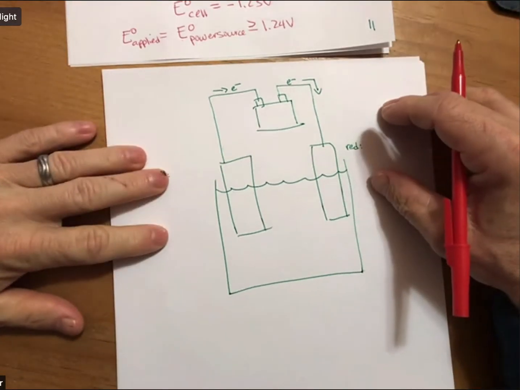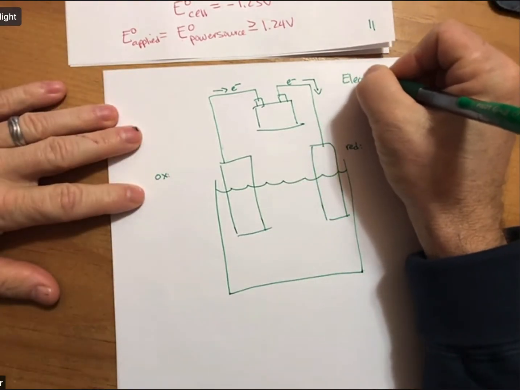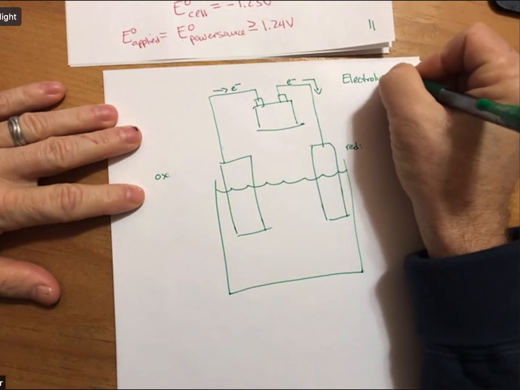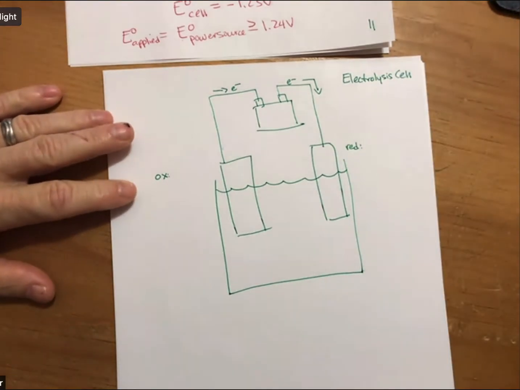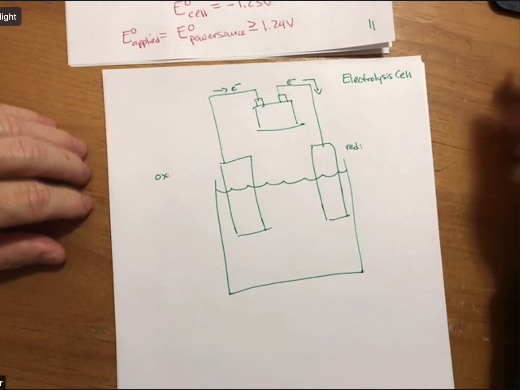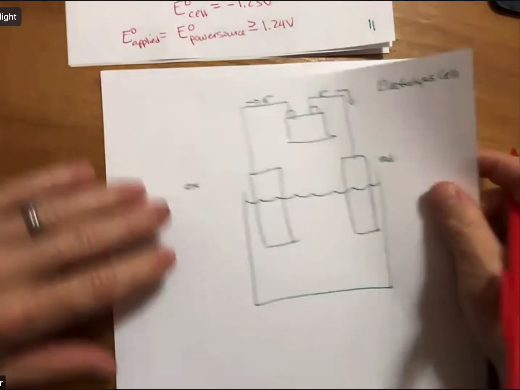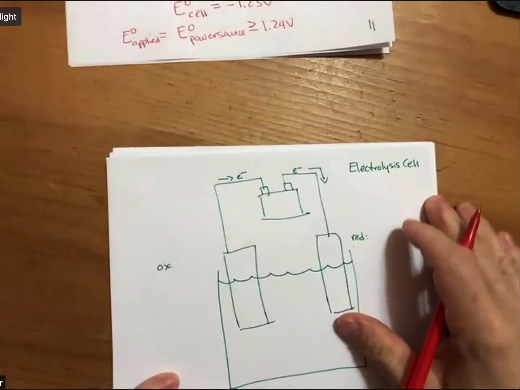This, what I have here, is a generic electrolysis cell. Meaning I haven't put any personalization for the half reactions on it. Now let's add our half reactions. Let me slide this down a little bit.